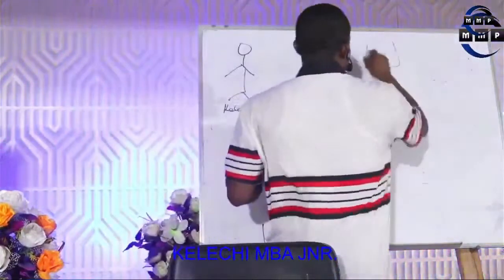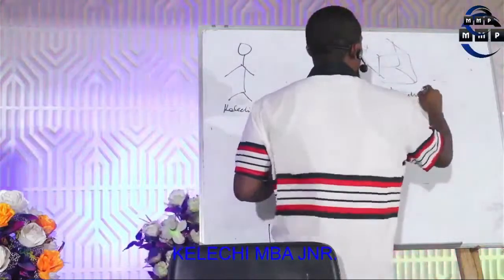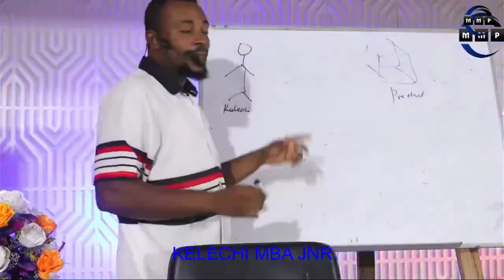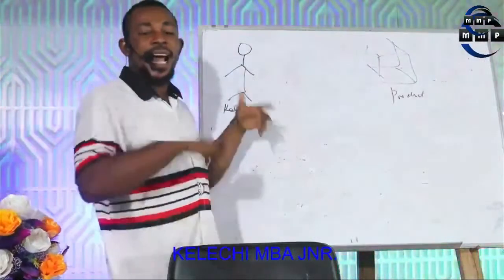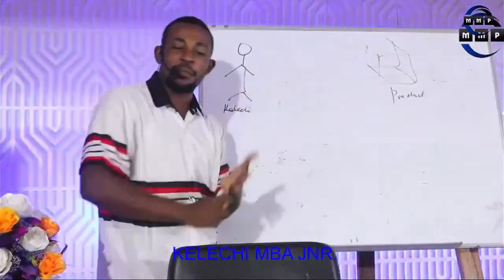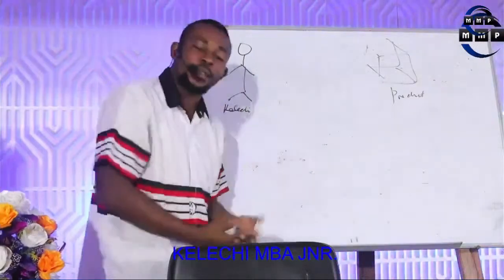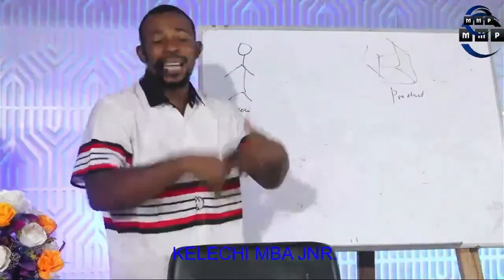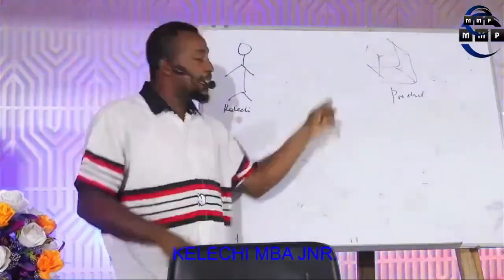I will draw it. This is the product I have, and I'm going to call it product. This is myself as a sales person or marketing person or someone with a skill, a graphic designer, a copywriter, a content creator, or someone that can render a service, maybe an affiliate marketer. This is you. What you need is a product.